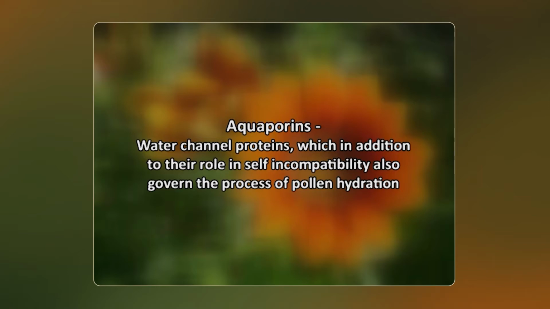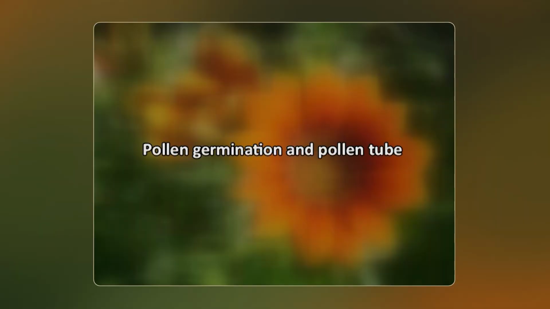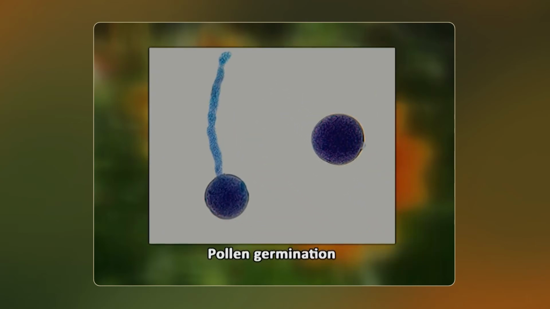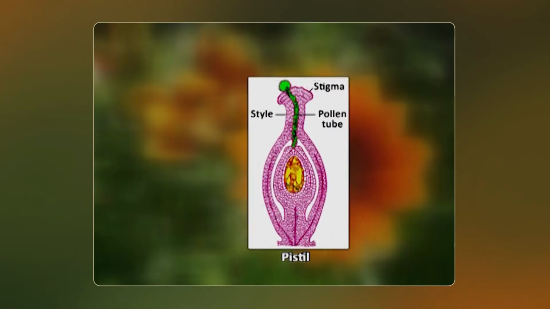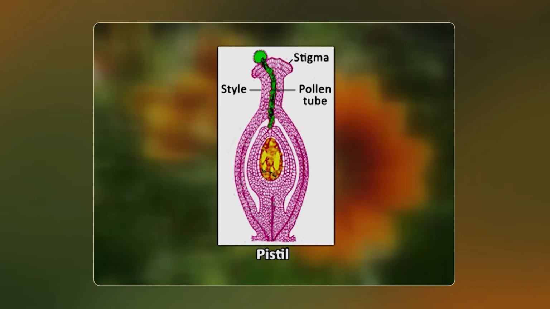Now, we come to the next stage of the interactions, that is pollen germination and pollen tube growth in the stigma. After successful hydration, the pollen must germinate. The pollen tube emerges and starts growing in the stigma and then reaches the style.